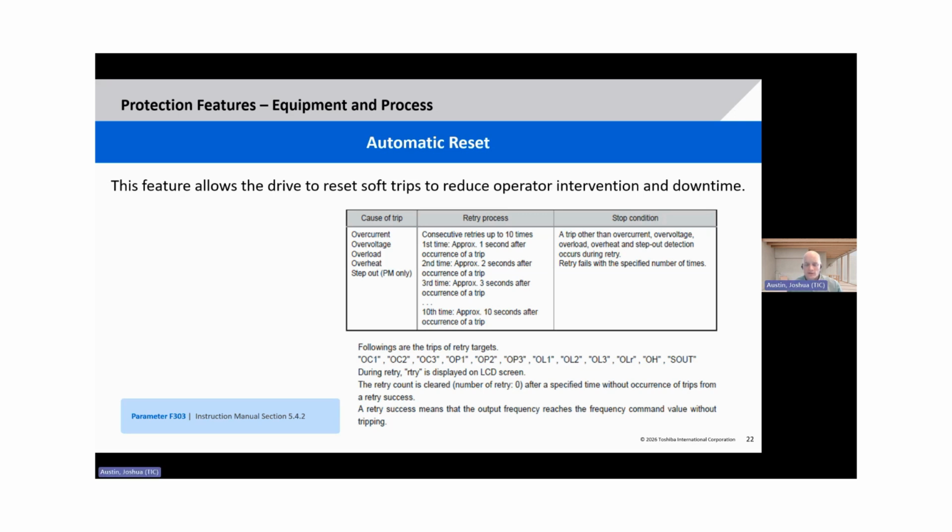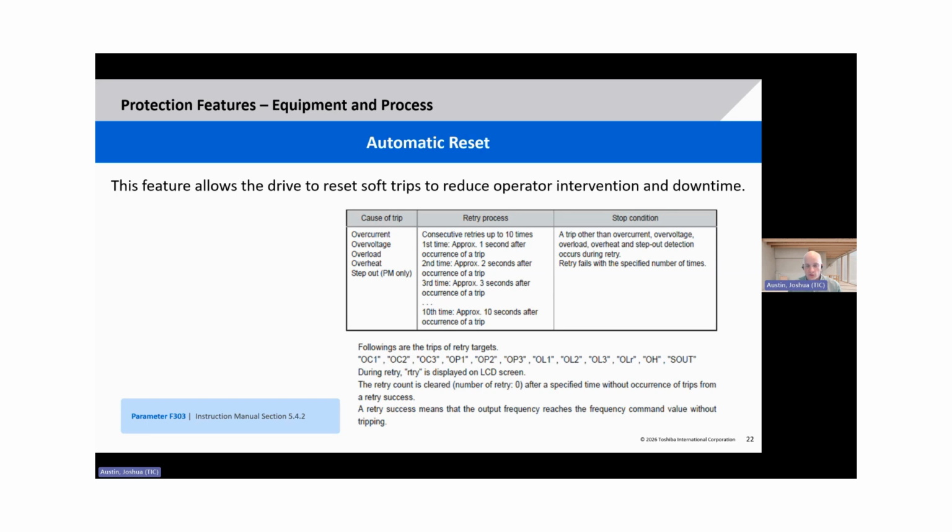So whenever these faults occur, you can program the number of times that the drive will try to automatically reset these faults and continue operation. You can program it up to 10 times, and after that 10th time, it will require a manual reset of that fault.